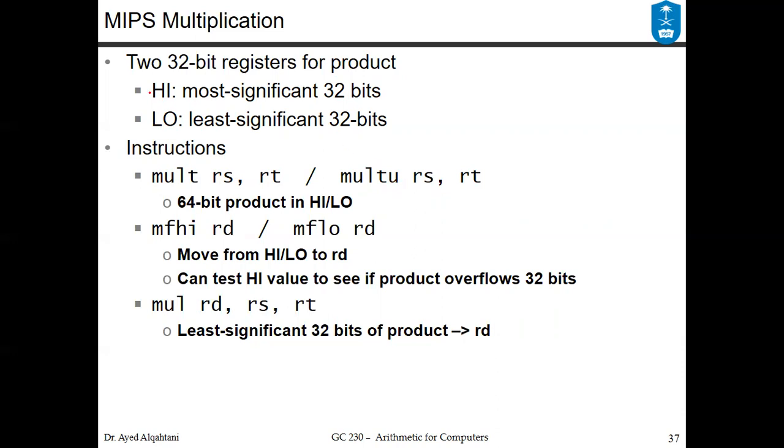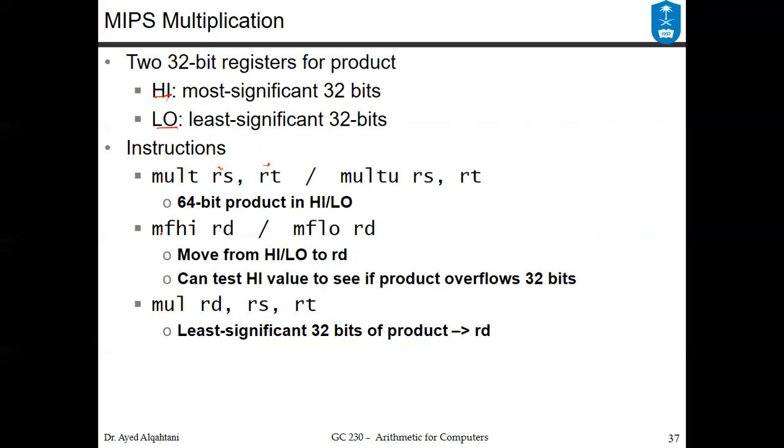Now, we define the high and low because we use 32-bit registers, which are already defined in the MIPS, as we explained in the previous video. But the destination of the multiplication needs to be 64 bits. So we need to combine the high and low of the results.